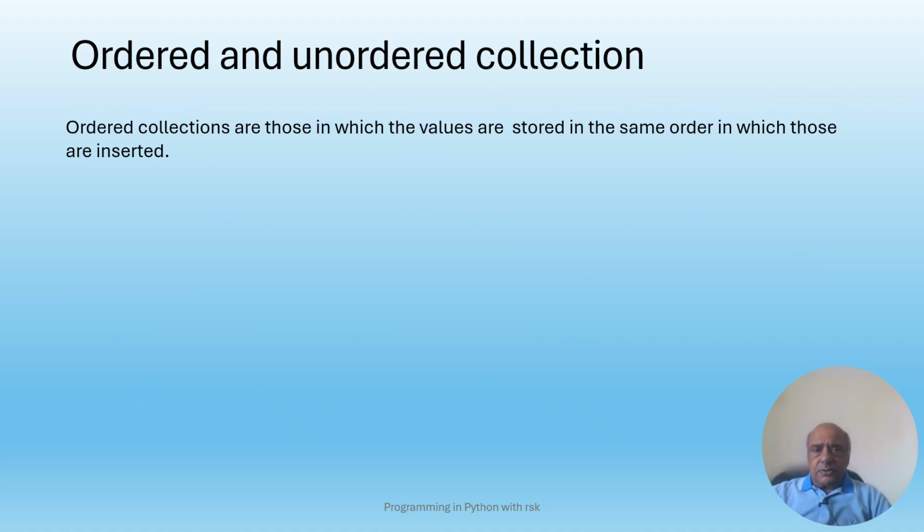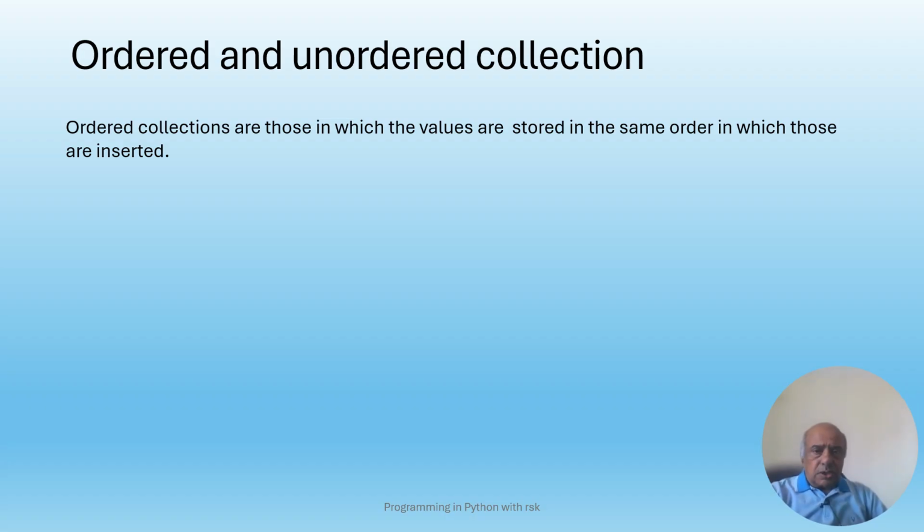In ordered collections, the values are stored in the same order in which they are inserted. The best example is an array. As we initiate the array, the order in which we write its values, we can access those in the same order in which we have inserted those values.